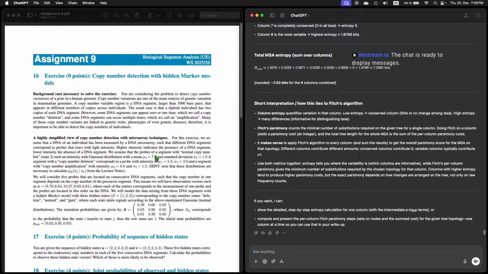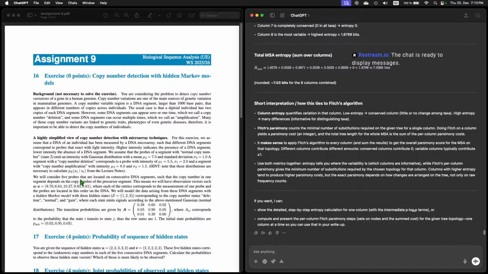We assume that the probes of a segment with normal copy number emit an intensity with Gaussian distribution with a mean mu2 equals 7 and a standard deviation sigma2 equals 1. Armstrong, no. A segment with a copy number deletion corresponds to a probe with intensity of mu1 equals 5.5 and sigma1 equals 2.0, and the segment with copy number amplification with intensity 8.0 and 1.5. Hint, note that these distributions are necessary to calculate P(x|z) from the lecture notes.